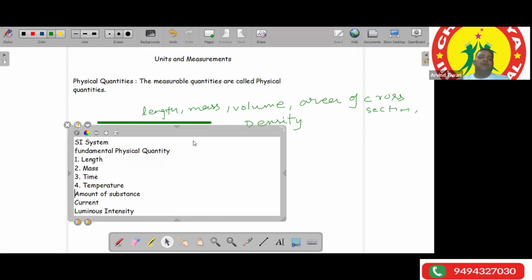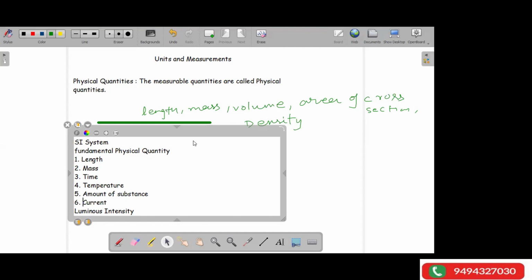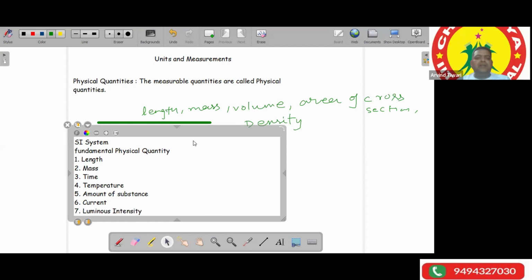So, how should we define length? What should be the unit of length? Since you want to measure length, you will be using an appropriate unit. What are the different units that we use for the measurement of length? Meter, yes.